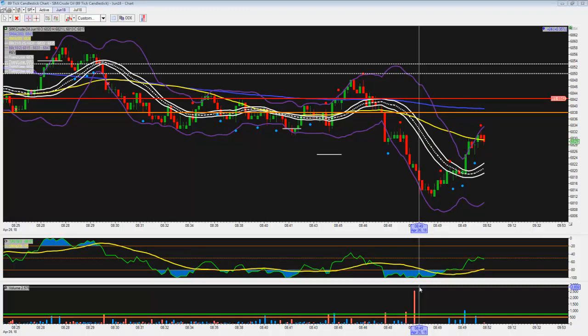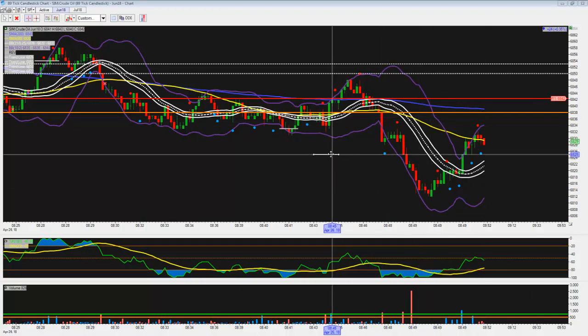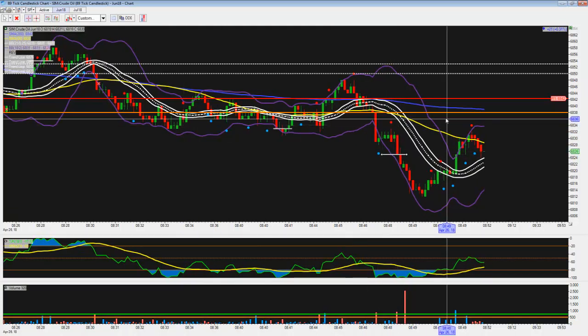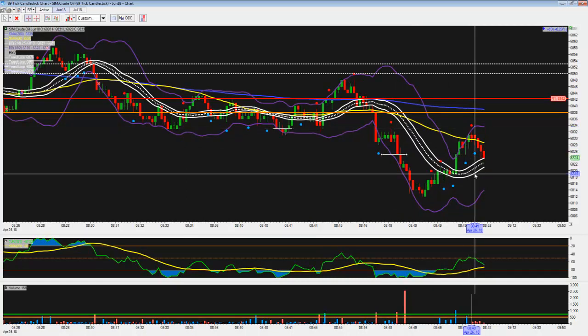And I was extremely tempted to short right here at 37. The market has made a 2p down move from the original entry point, which would have been, if you would have been up early enough, 68.68.